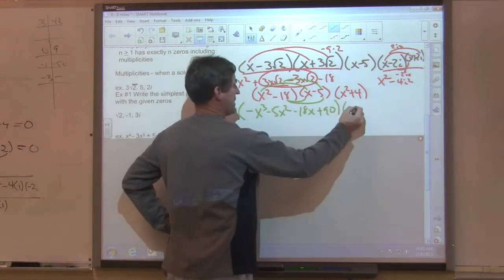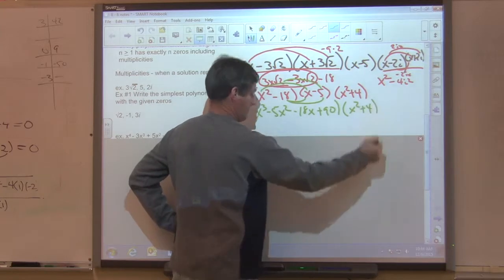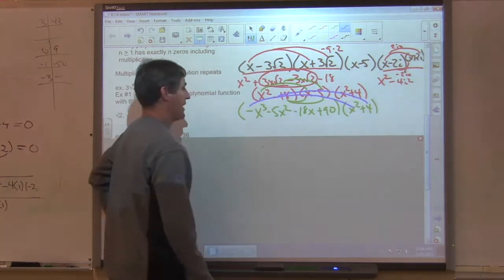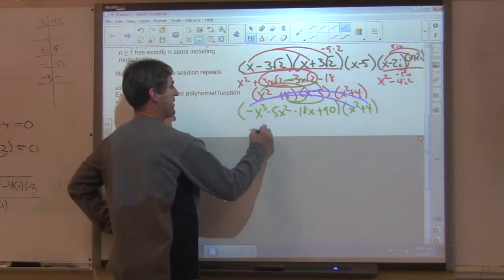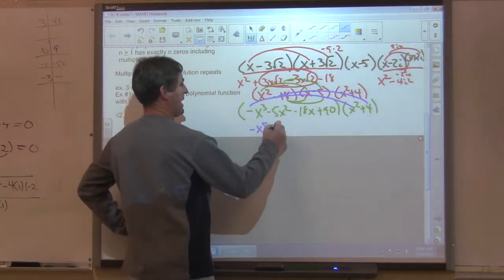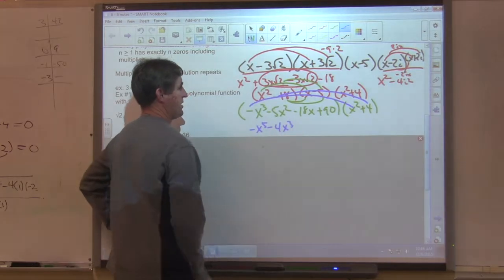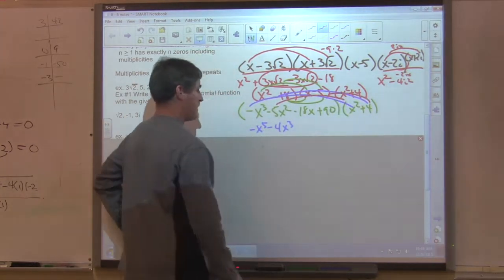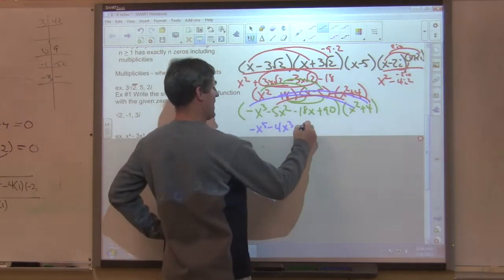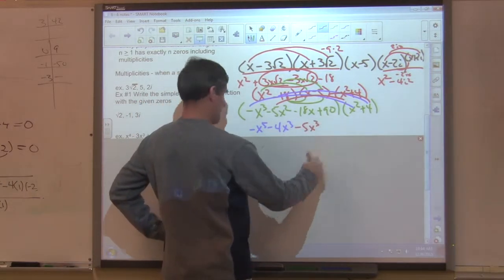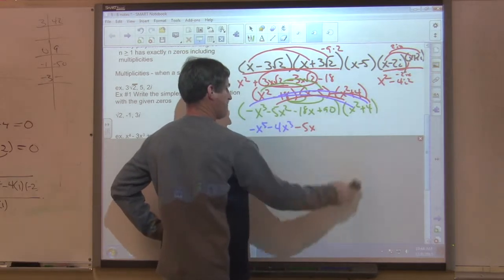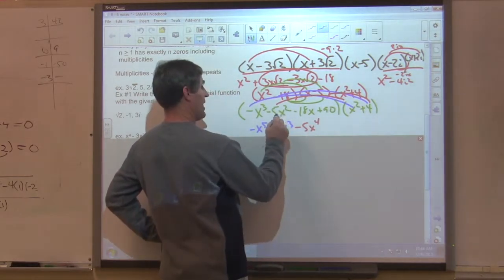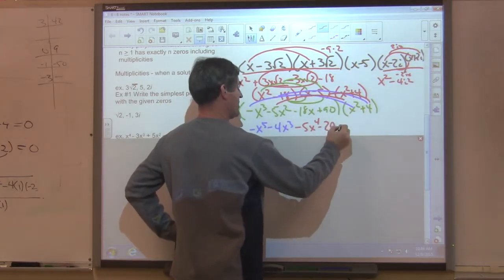And now we're going to take that times x squared plus 4. So we take negative x cubed times both, so negative x to the 5th, and minus 4x to the 3rd. And then I'm going to take negative 5x squared times both, so that's going to be a negative 5x to the 4th, and then a negative 20x squared.